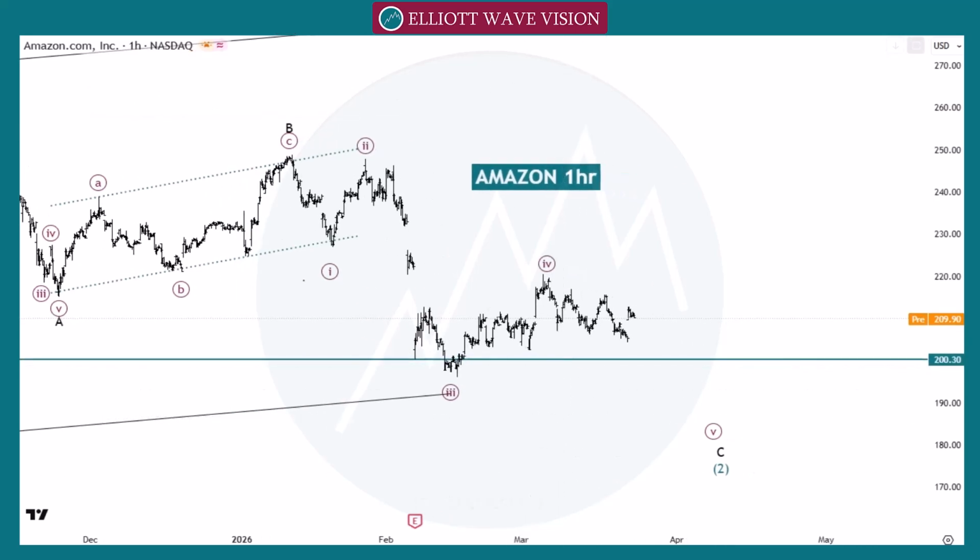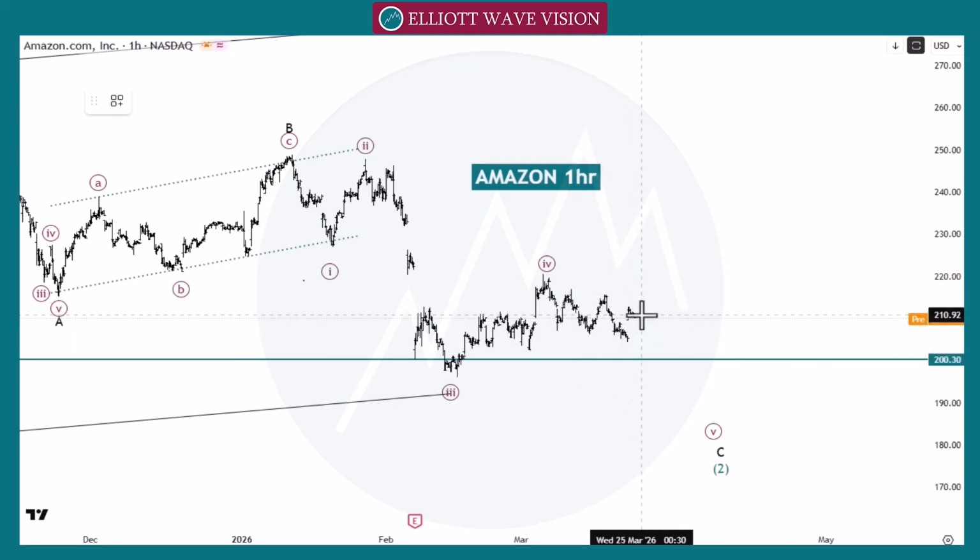If the market gives us this move after this leading diagonal, we can count this move as a 1, 2, 3, 4 and 5 as a leading diagonal A, B and C, wave 1, wave 2.